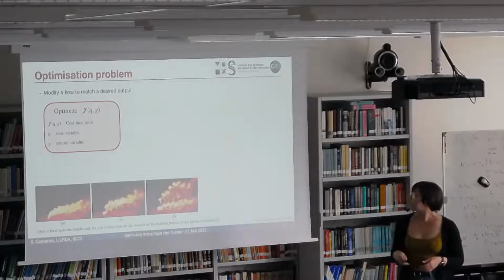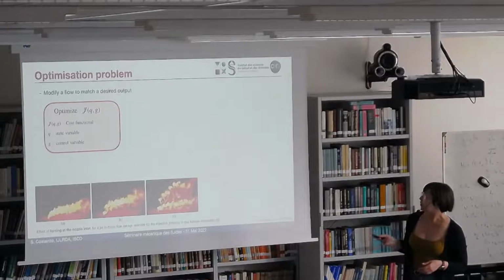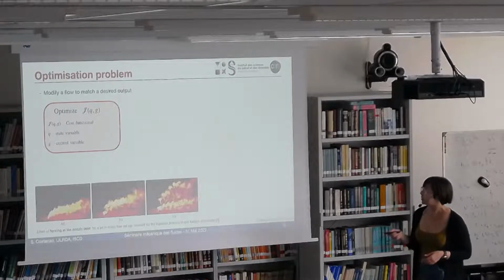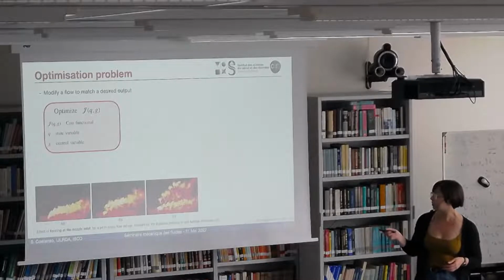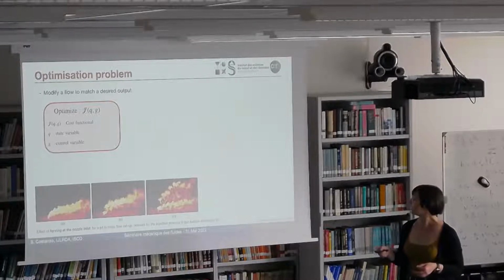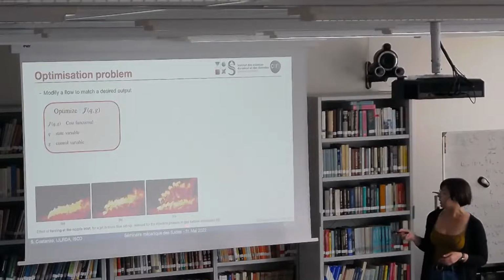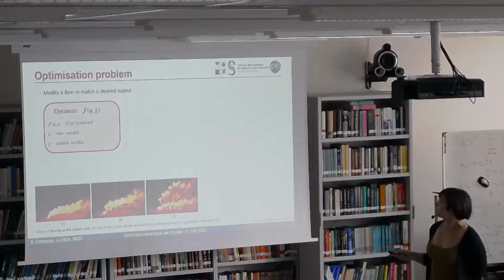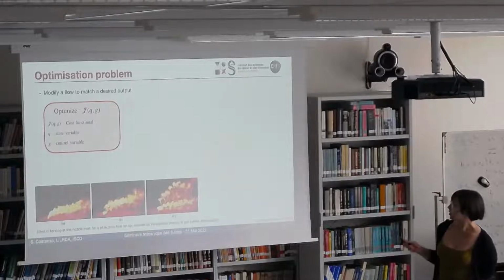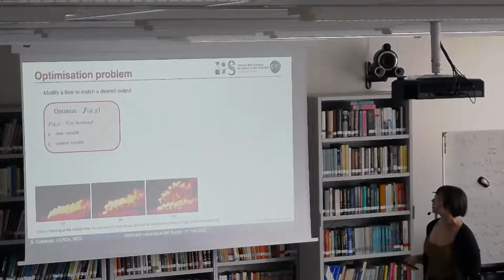Here, as an example, we can see how changing the value of the control variable can have an effect on the forcing, in this case in an inlet for a jet in cross-flow that is usually used in a gas turbine combustor for the injection. To do this, we have to find the optimal solution for this cost functional.